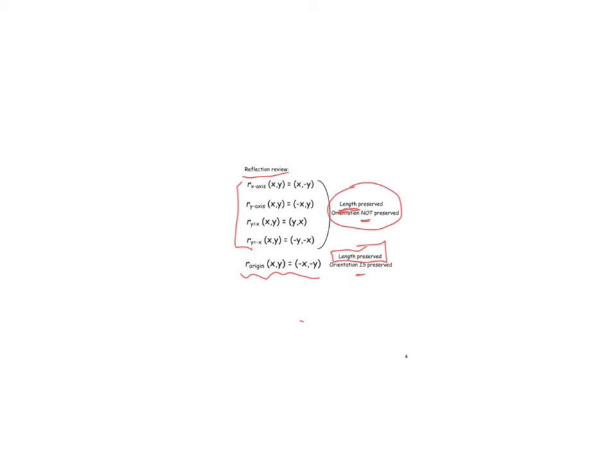And orientation, if I haven't spoken about it before, is the order of the lettering. So if I have triangle ABC like this, when I read this, I go A, B, C around. That's counterclockwise.